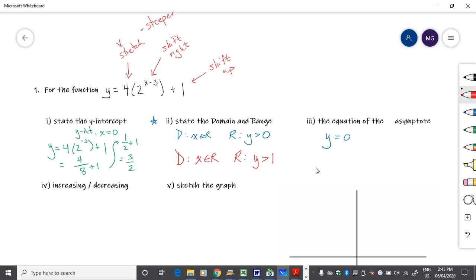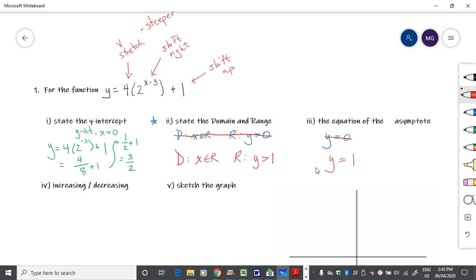If I shift a horizontal line to the right, that will have no impact. But if I shift it up 1, I'll get to my new asymptote. Notice those last two properties. And I'm just going to cross out the blue to remind us that those were for our base function. If I can examine the transformations to my curve, I can find those key properties of a pretty ugly function.